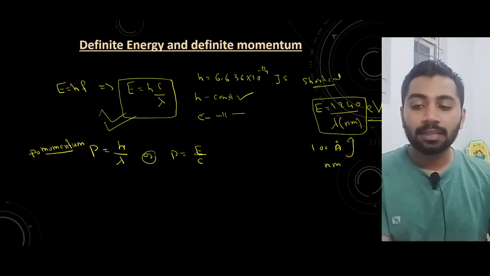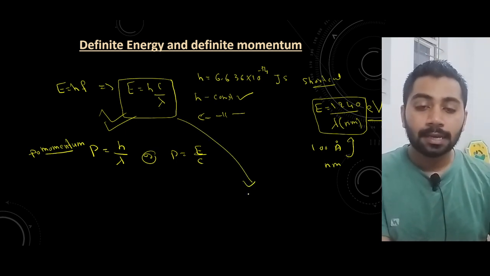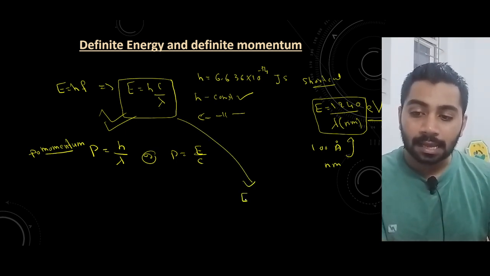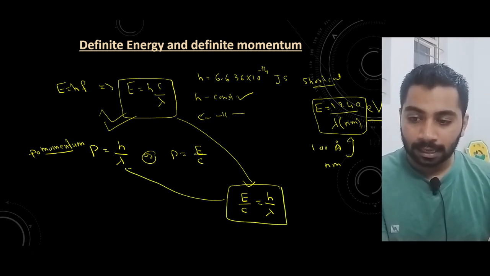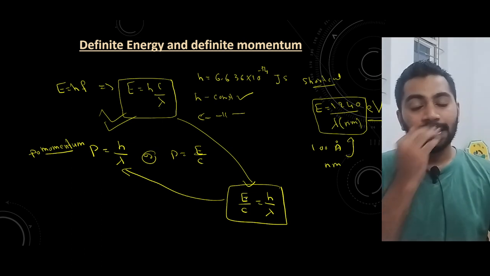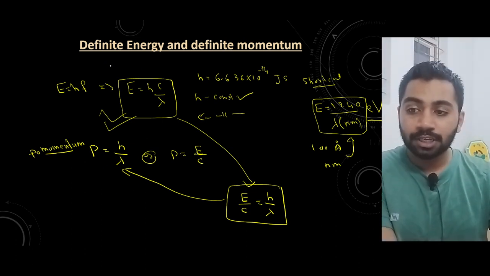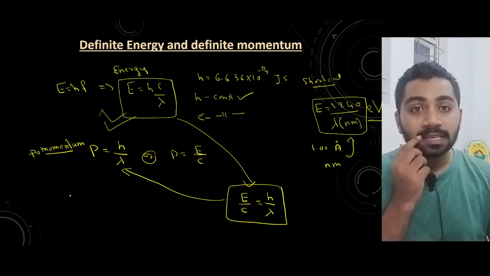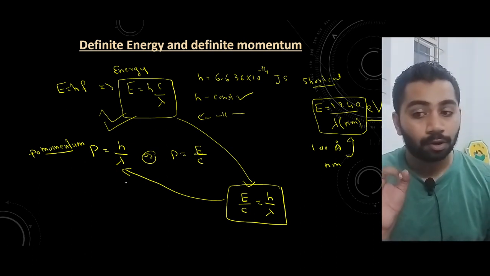In the place of h nu, take this one. Now can I write this as E by c equals h by lambda? I will get this value, right? This is your energy and this is your momentum. Now remember this formula. This is all important.